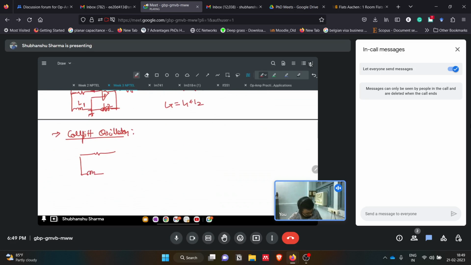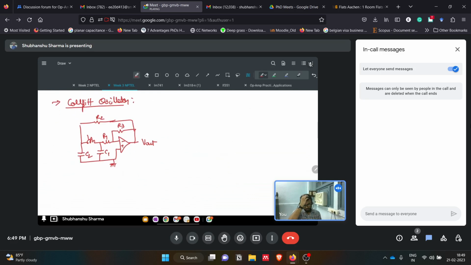This is the feedback resistor. This is V out, and then we have two capacitors here, fed back to this: L1, R1, R2, R3, C2, and C1. Fine. So these were all about the oscillators which we read.